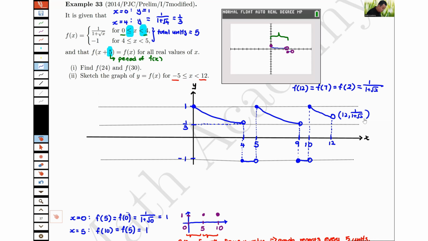And let's continue to the left side up to -5. So if I go all the way to the left, we will want it to be up to -5. Okay, let's get the same shape drawn out. And I know that the first piece would end at -1.